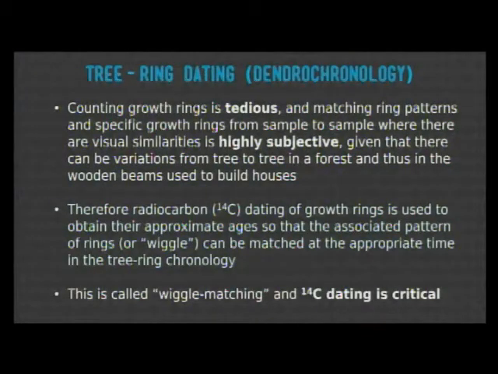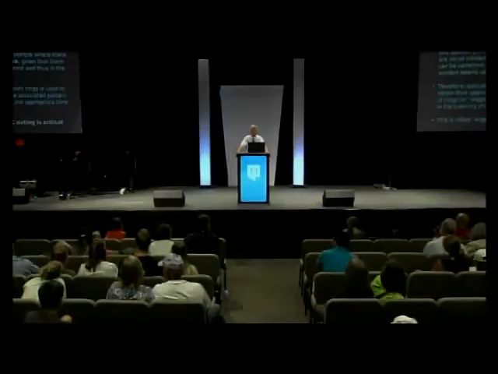Counting growth rings is tedious, and matching ring patterns and specific growth rings from sample to sample where there are visual similarities is highly subjective. As I said, given that there are variations from tree to tree in a forest, and thus in the wooden beams used to build houses.